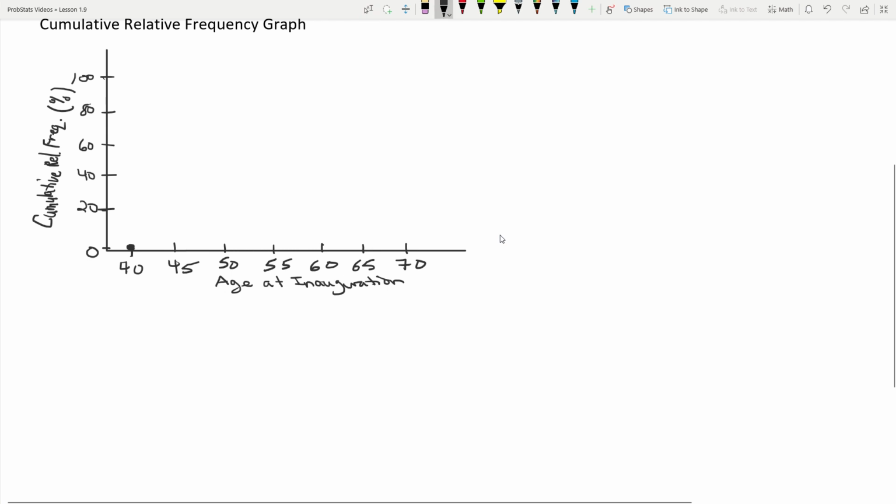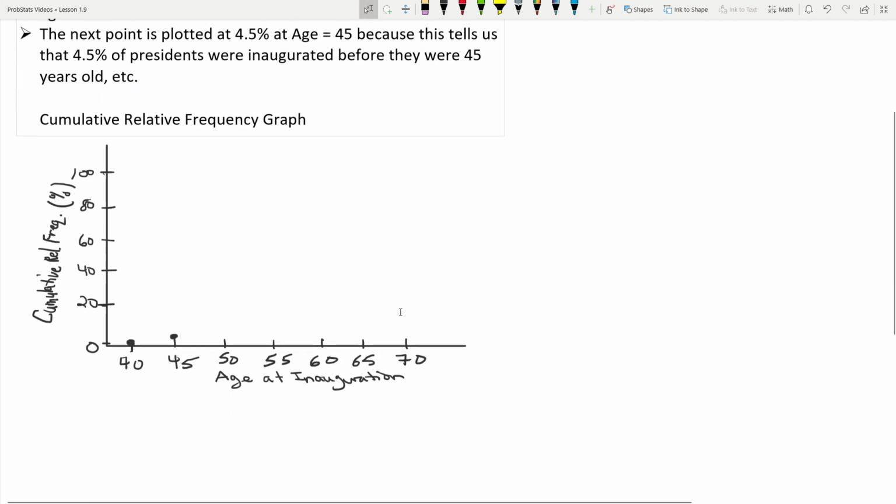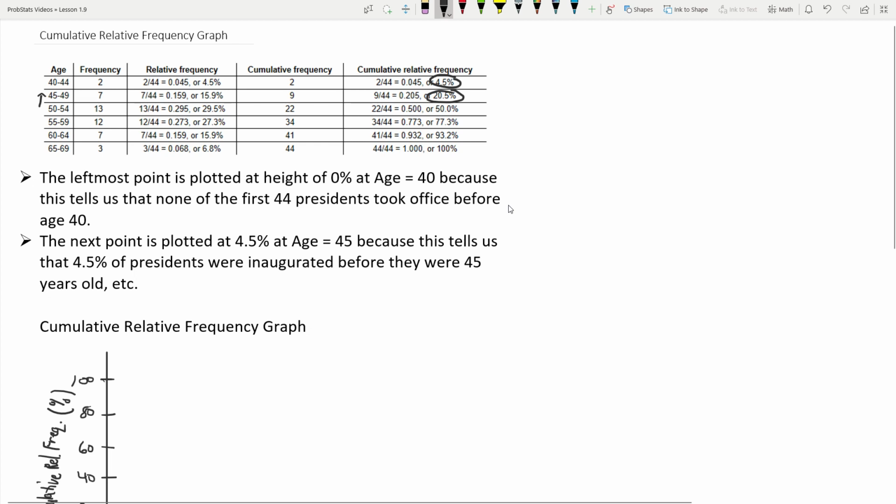So 4.5% is around here. For 50, we do the one before that, so it's 20.5%. So 20.5%, around here. For 55, our next cumulative frequency is 50%, so it jumps up to 50%.